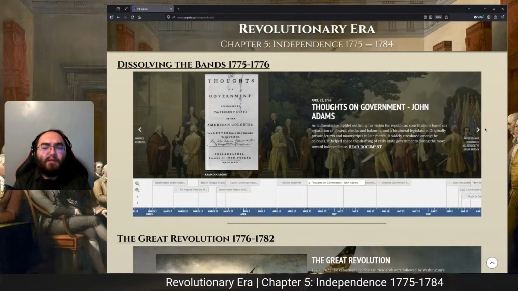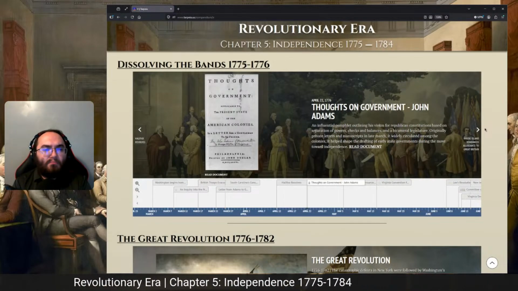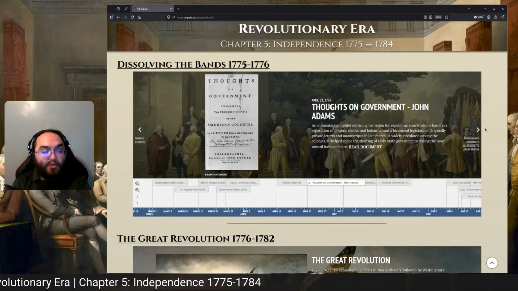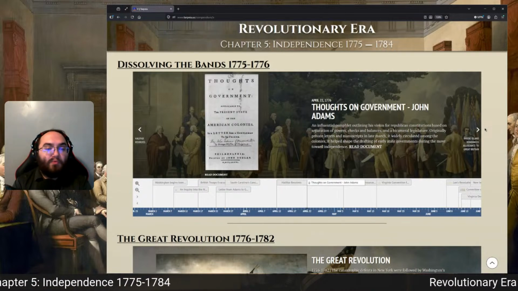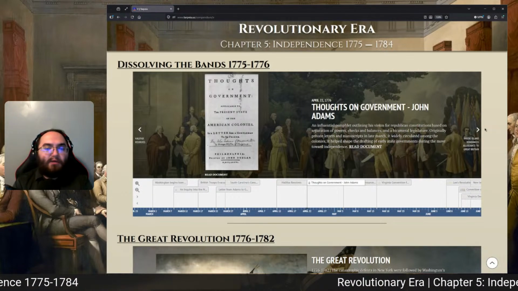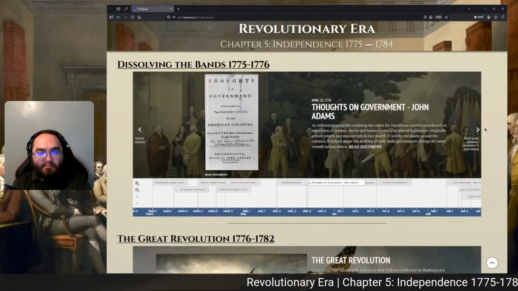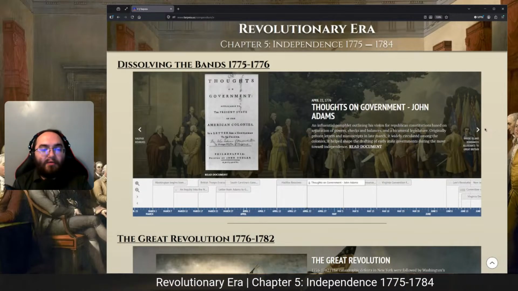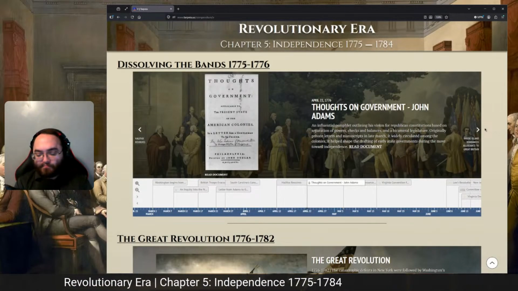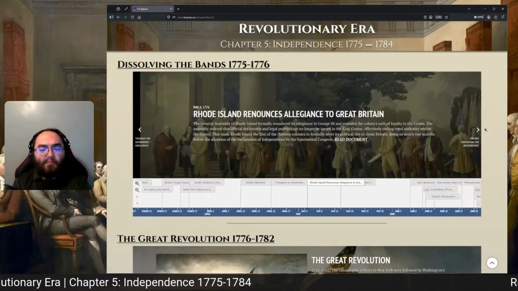And he gives a more philosophical argument for why we should have these things, why you need a separation of powers, and the mechanism of that, and how that will secure liberty and representation of the people.